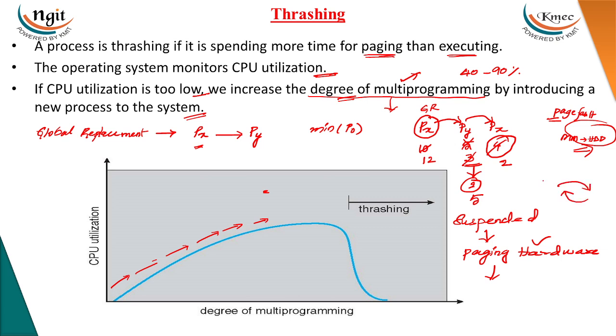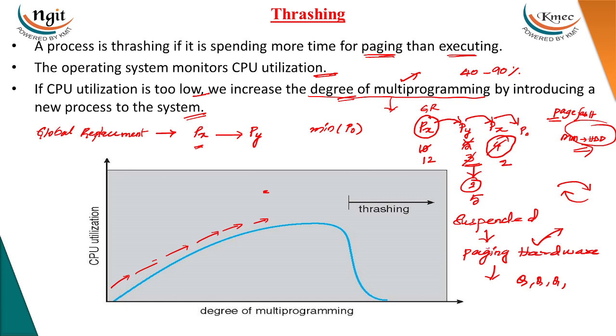So every time, Px will go to paging hardware and wait in the queue, Py will go to paging hardware and wait in the queue, and Pz also does the same. The system is continuously executing page faults rather than executing instructions.